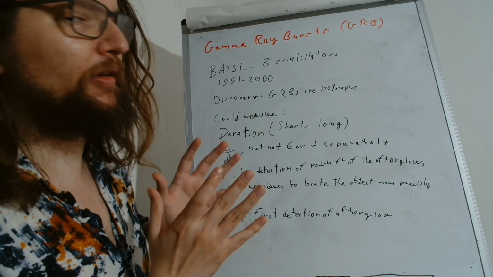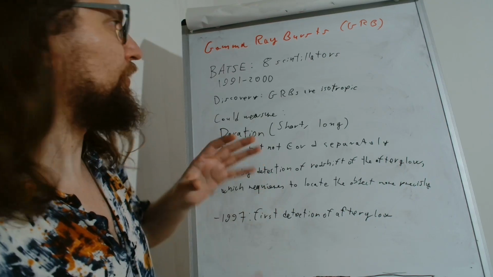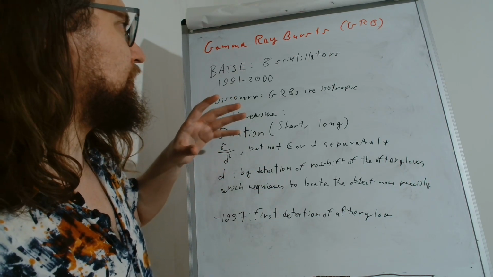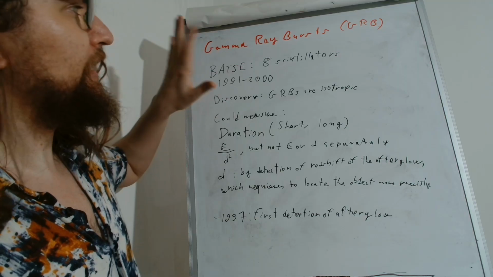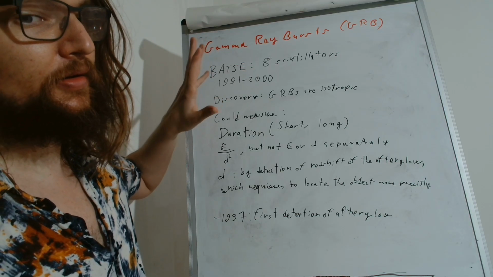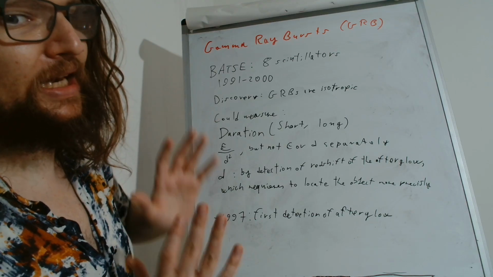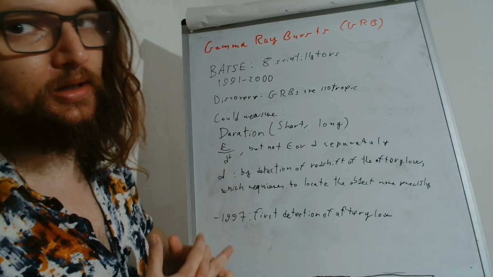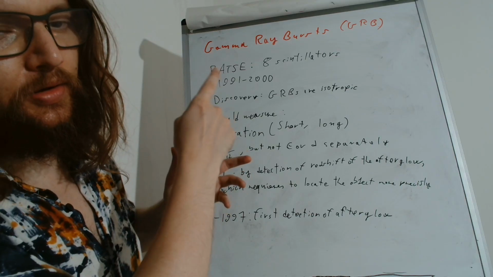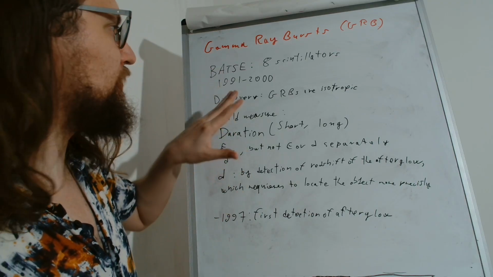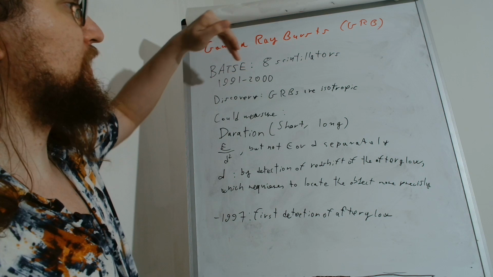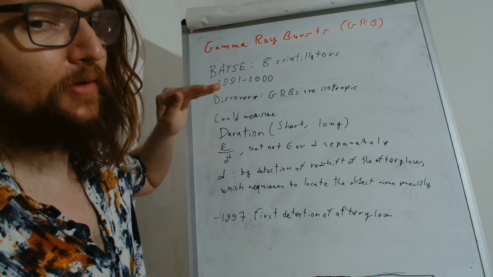So it had only 8 scintillators to map the whole sky. It means that every scintillator has a quite large error of detection, and so the detected direction is not very precise. But despite this, you could discover that gamma ray bursts are isotropic events.